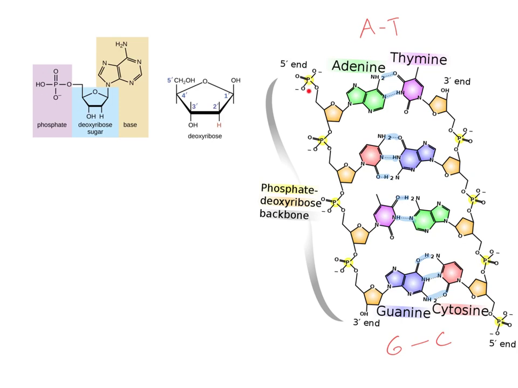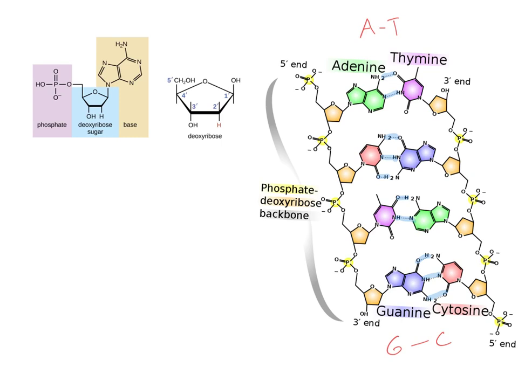The phosphate and the sugar are going to make this phosphate deoxyribose backbone, because it's going to constantly alternate phosphate, sugar, phosphate, sugar. And then the same on the other side. The phosphates are always going to be connected on the 5' position and the 3' position of the ribose. And the deoxy just means we're missing an oxygen. Deoxy, we're missing that oxygen.